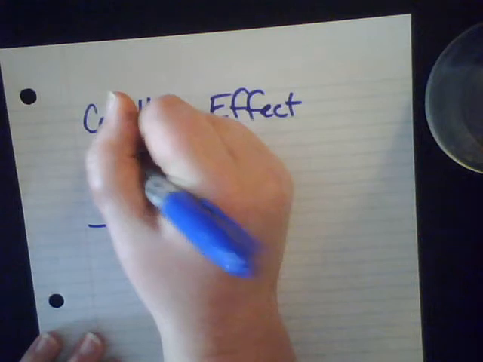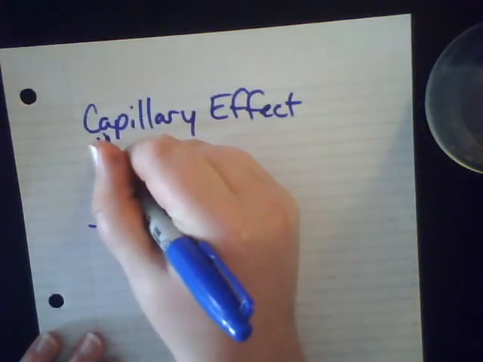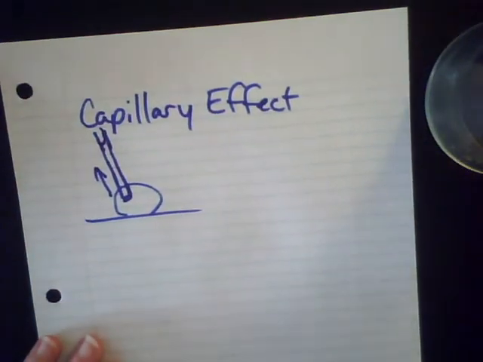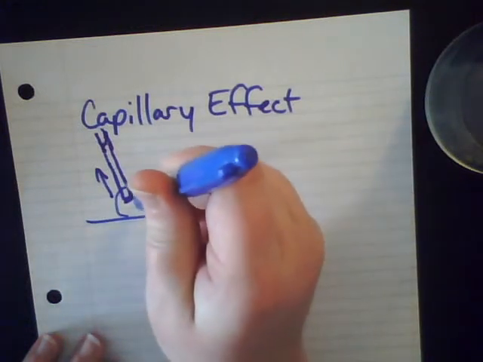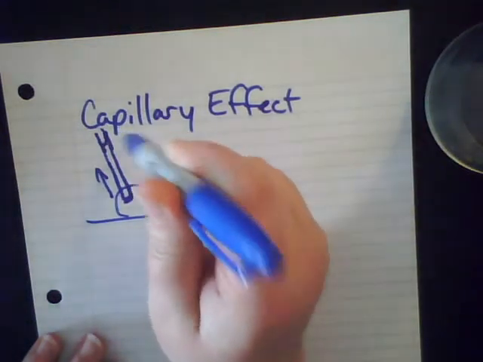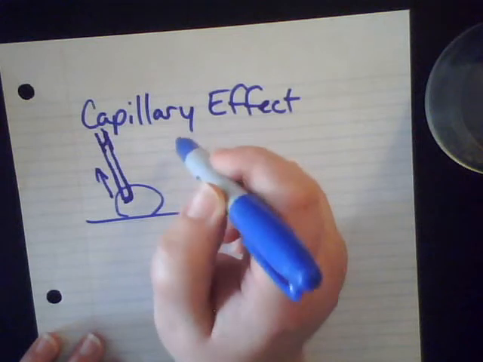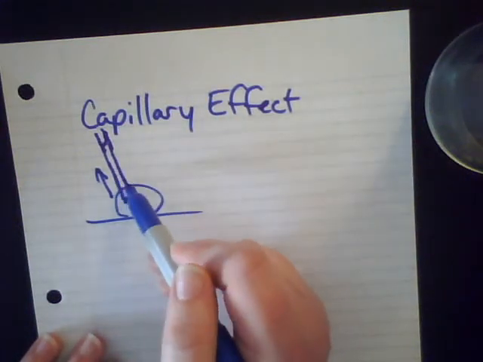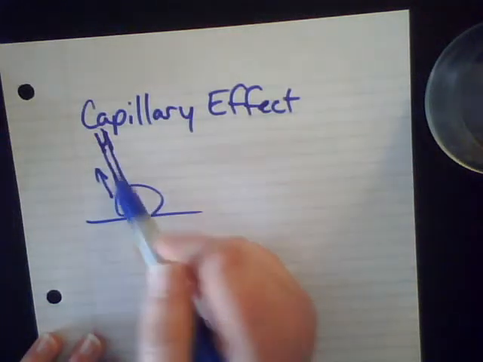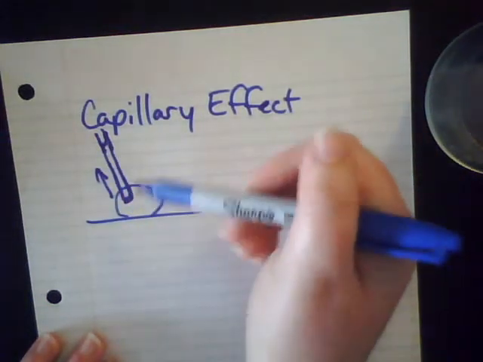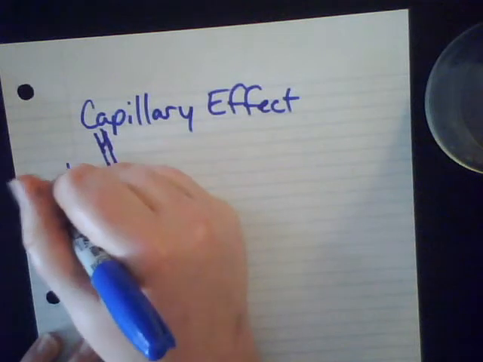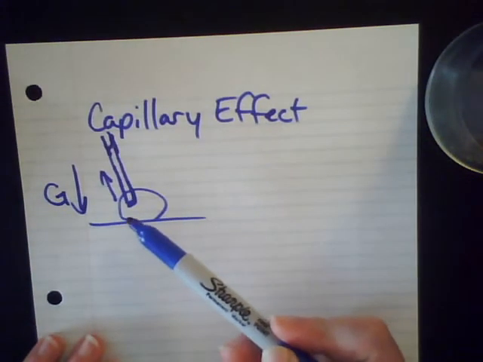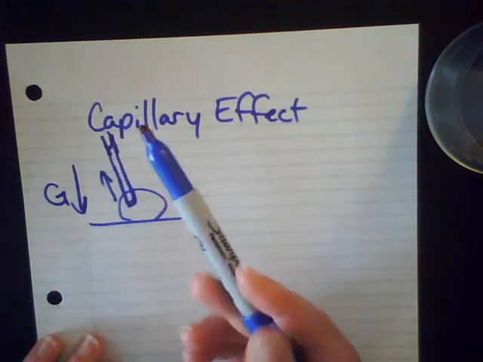And you have this tiny little tube, and you find that the fluid in there is sucked up. So you just tap it to the water itself, and then it is sucked up the tube. That's the capillary effect. And this is basically defying gravity, right? The liquid is moving in opposition to gravitational pull, which is trying to pull down. So here's gravity trying to pull down, and the liquid is moving despite of that.